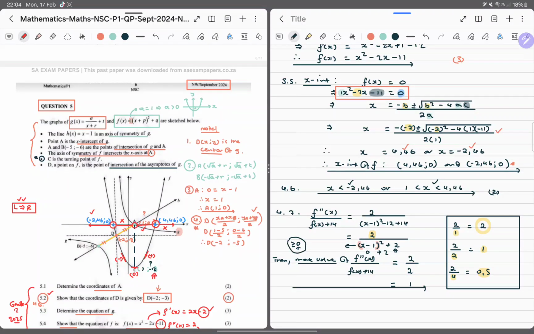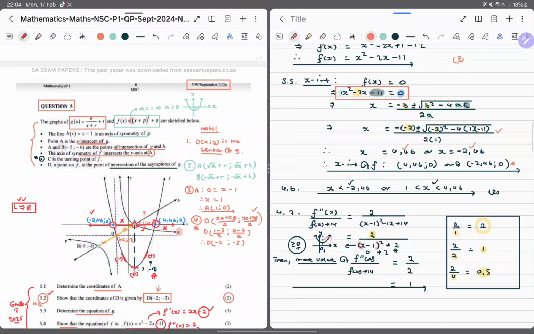Just remembering this. Or someone may think of it graphically. Say, okay, this is a parabola. The minimum value is positive. So this is a graph like this, right? This is the parabola. This is the y-axis, x-axis, the origin. And of course, I know that my axis of symmetry is here at 1.